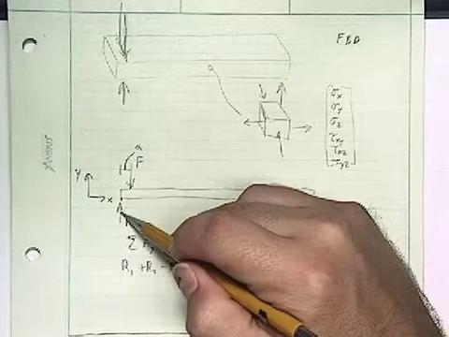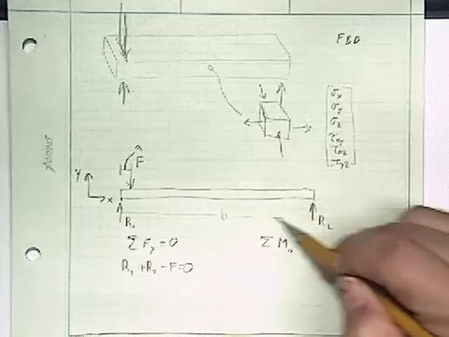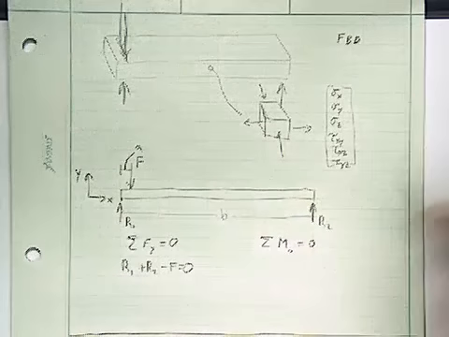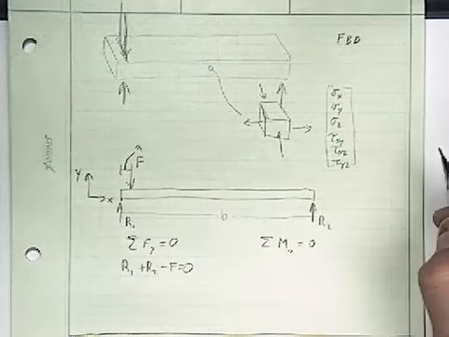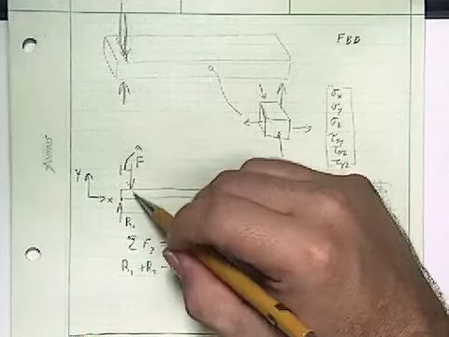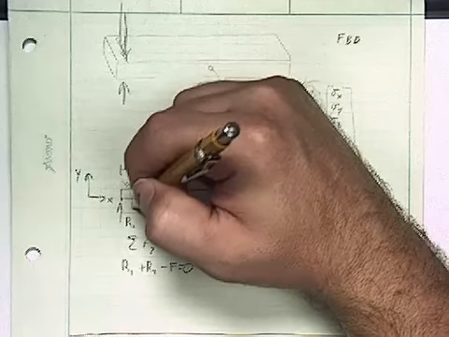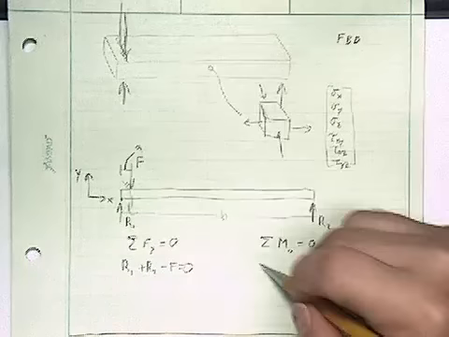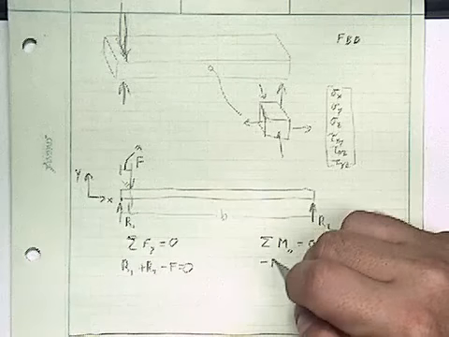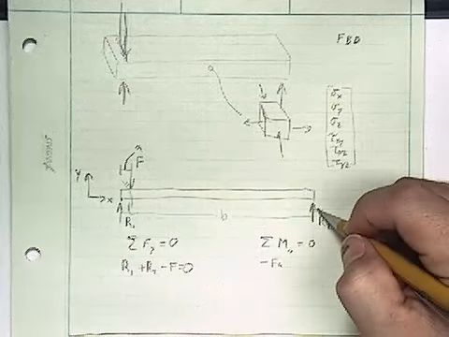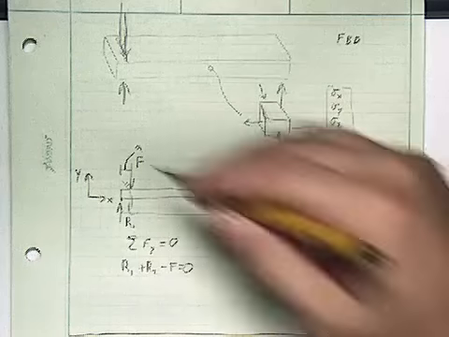And then the length of the beam is B, and this reaction force is at the other length. So now I could say F times A is trying to rotate the beam this direction in a clockwise direction. So I'll call that negative for now, minus FA. And then R2 is trying to rotate the beam counterclockwise.